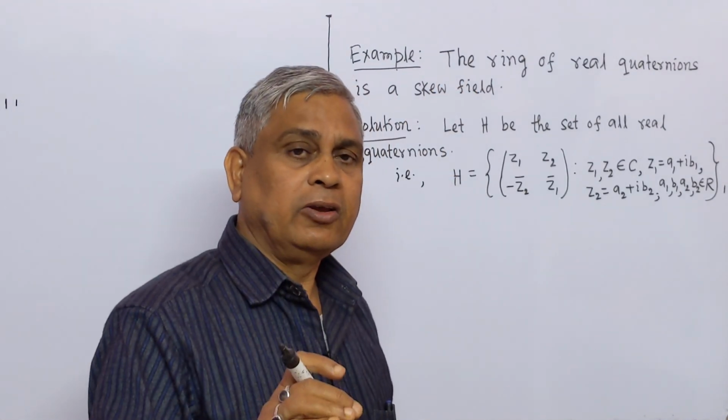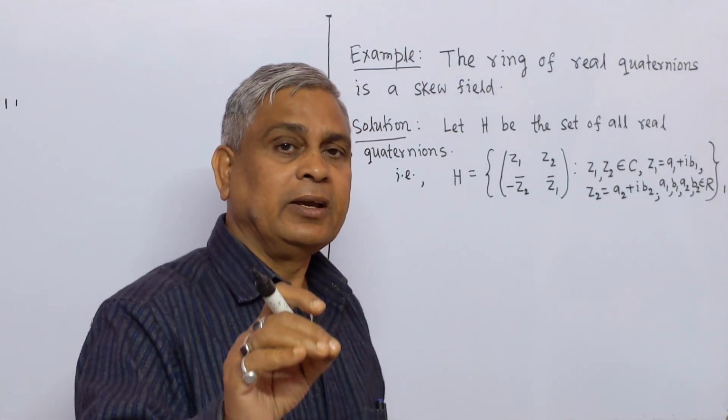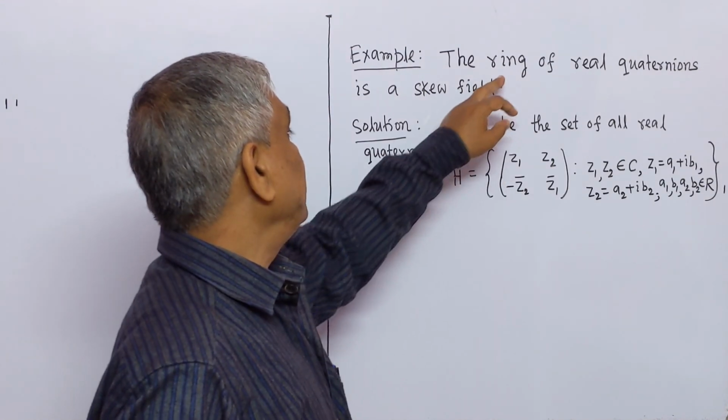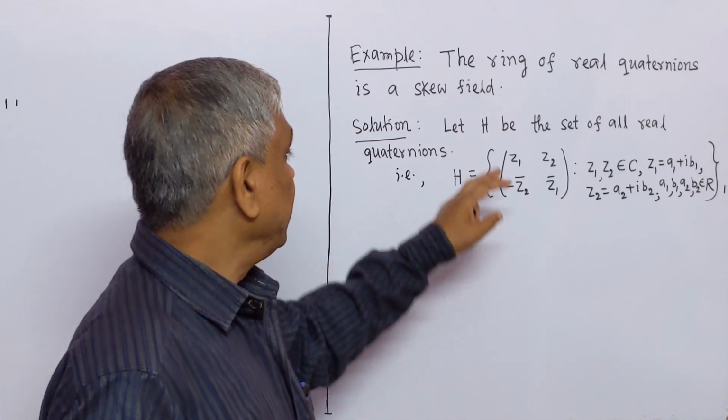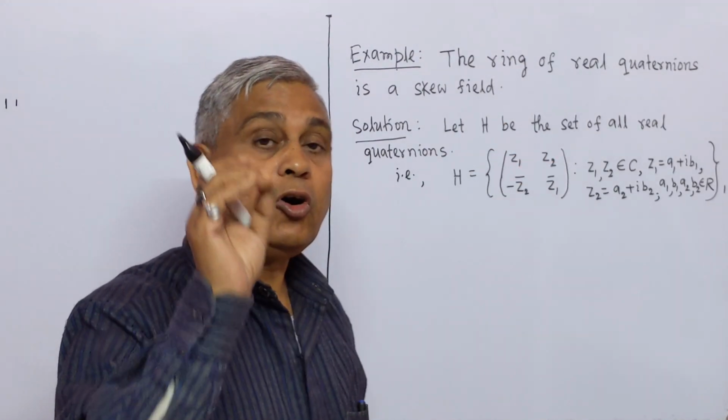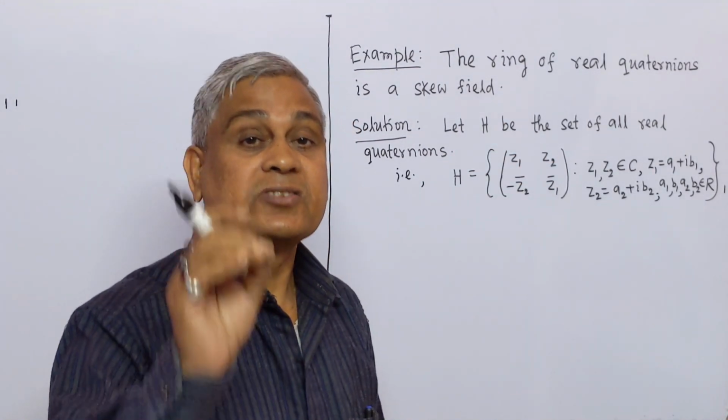By solving, we will show that this ring is a skew field. Solution. Let H be the set of all real quaternions.